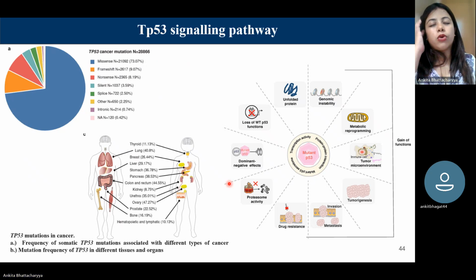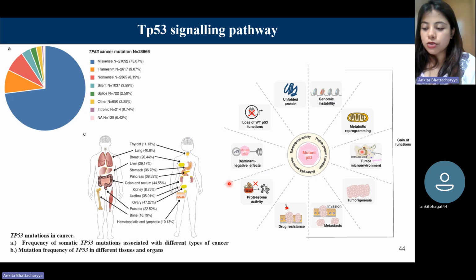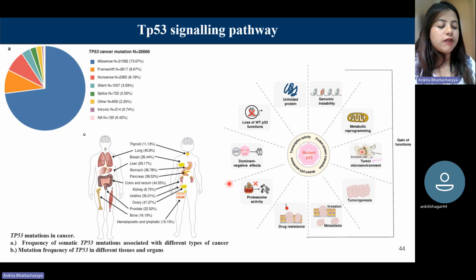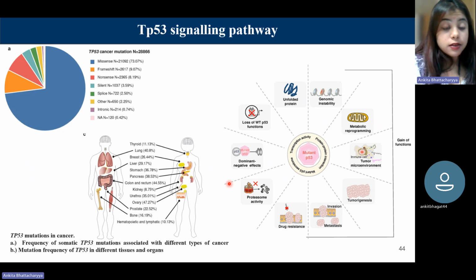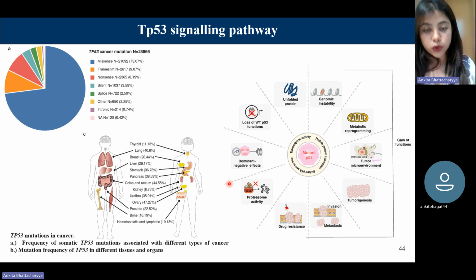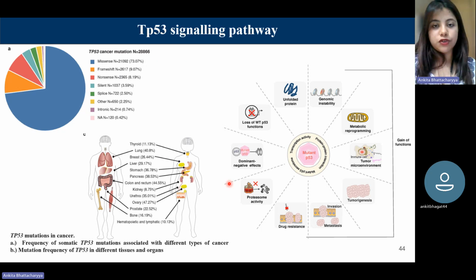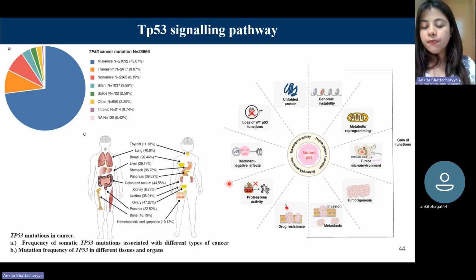Again, I hope you remember what driver versus passenger mutation exactly means. In this case, it means that the TP53 mutation by itself is an oncogenic event, which means it is cancer causing. Along with it, a huge number of mutations have also been identified in patients, and they are considered passenger mutations, which means that along with TP53, they help in aggravating the disease and making it a lot worse.